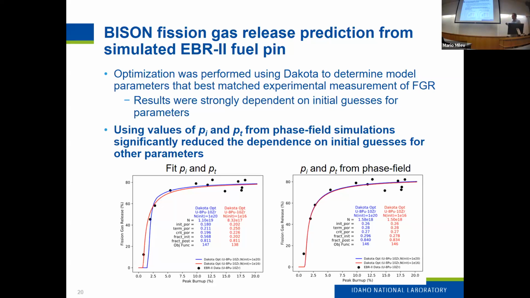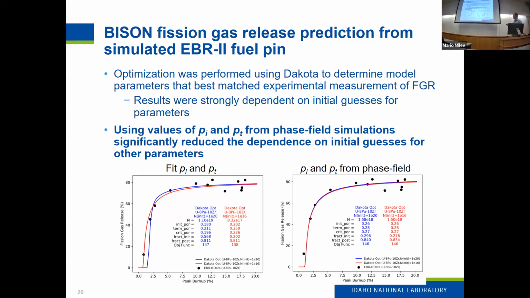So what we did instead was, sorry, I was actually pointing at the wrong figures there. Those are the initiating and terminating porosities. So, having better estimates of those values from the microstructure level simulations, we could hold those values fixed and then allow Dakota optimization to fit the remainder of the parameters.